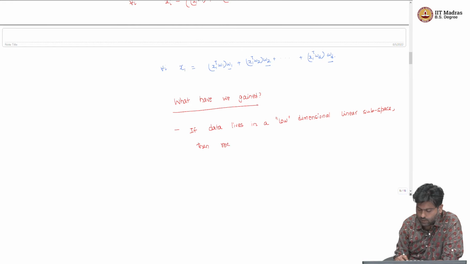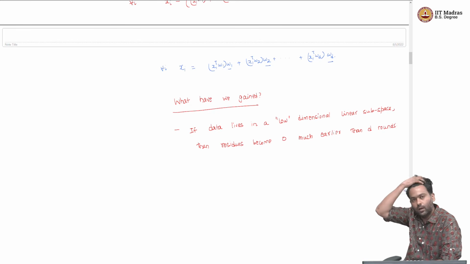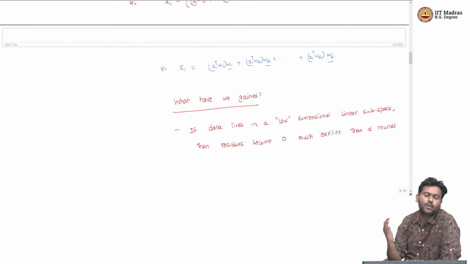So, the residues become 0 much earlier than d rounds. We keep running this algorithm iteratively, and at some point we realize that the residues have all become 0, then there is no point in continuing further and finding a different line, right.